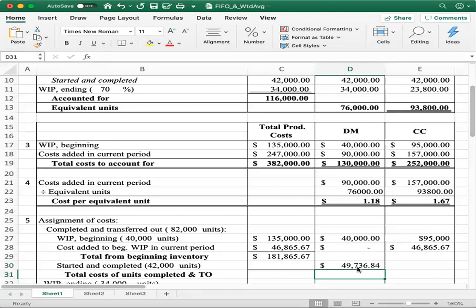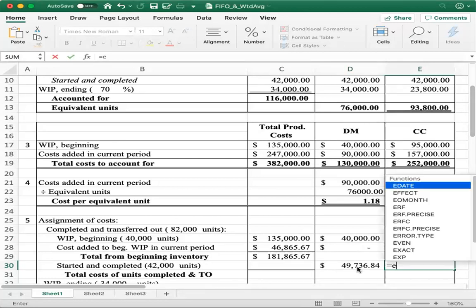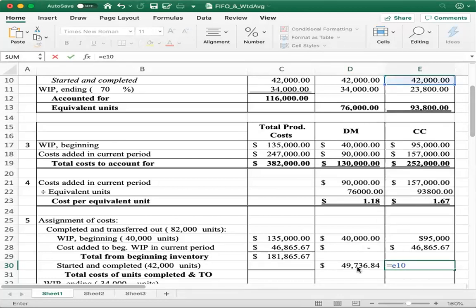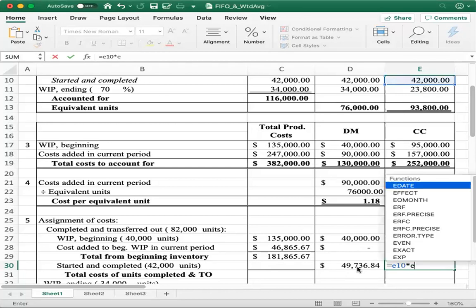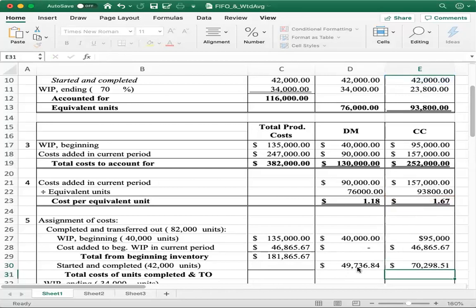We'll get the cost of started and completed units, and then we'll do the same thing. Now we're going to do E10 times E23. You will get 70,298 for the conversion cost, that is for started and completed units.